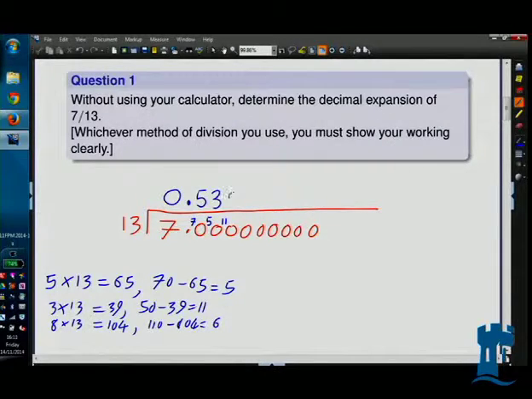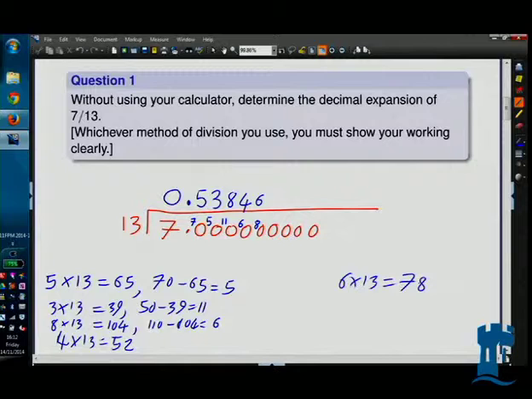So we've got 8 there, remainder 6. 13s into 60, and that's going to be 4, isn't it? Because 4 13s is 52, giving us remainder 8. And then you've got to go into 80, so that's 6, because 6 times 13 is 78.